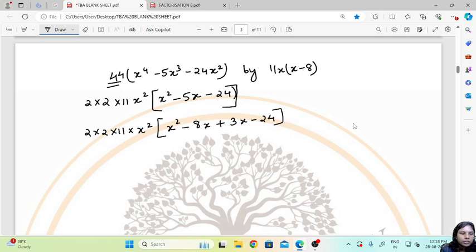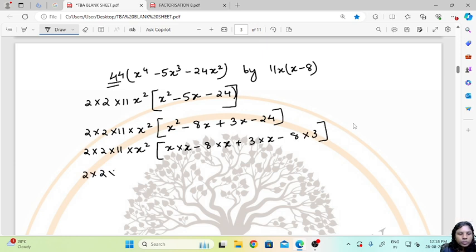Now you can take out the factors: 2 into 2 into 11 into x square, x multiplied by x minus 8 into x plus 3 into x minus 24, that is 8 into 3.